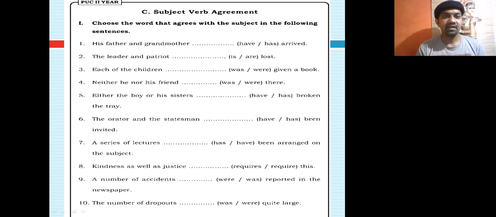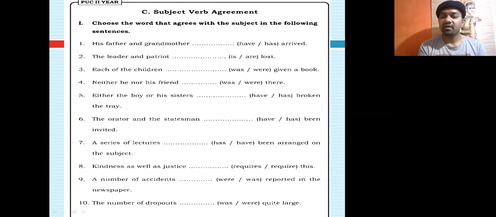Because the leader and patriot, both the same, refer to the same person. Patriot, it refers to the leader himself. The leader himself was a patriot, is a singular subject. Is lost.